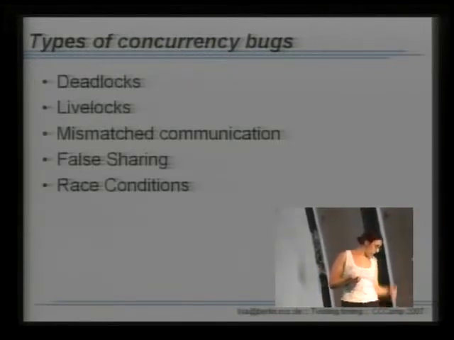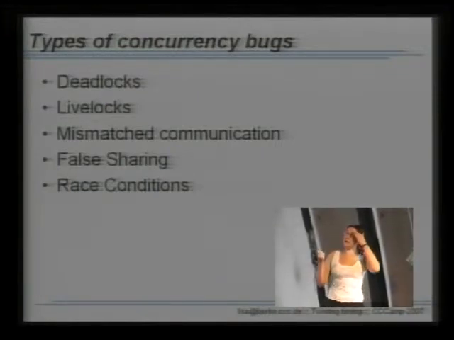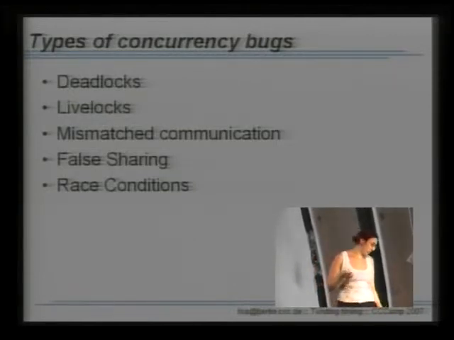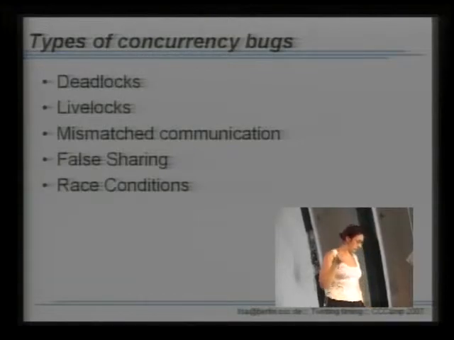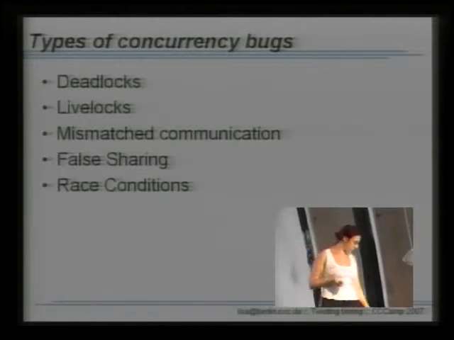And also, they're not very interesting for an attacker because usually when you hit a deadlock, that's basically the end of the line. So there's not much more in a deadlock than a denial of service, which is not all that interesting. Live locks and mismatched communication are the same. False sharing is just a performance issue. You can find more information on that in any operating system textbook.